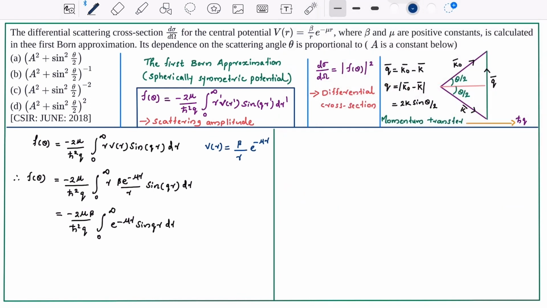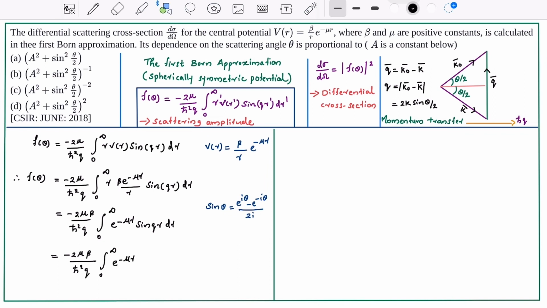Now we have the expression sin θ is equal to e raised to iθ minus e raised to minus iθ divided by 2i. Now using this equation, we can write the expression for sin qr and substitute in the equation of f(θ). Therefore, f(θ) is equal to minus 2μβ by ħ² q integral 0 to infinity e raised to minus μr.